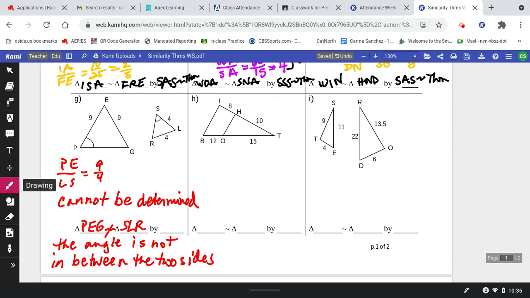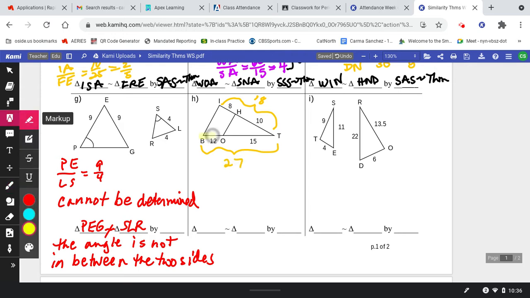Okay, looking at this next one, we have to realize that this entire length is 18. Does everybody see how I got that? That 8 and that 10 add up to 18. And then on this guy right here, this 12 and this 15 makes 27. What's happening is we're comparing this bigger triangle compared to the inside triangle.